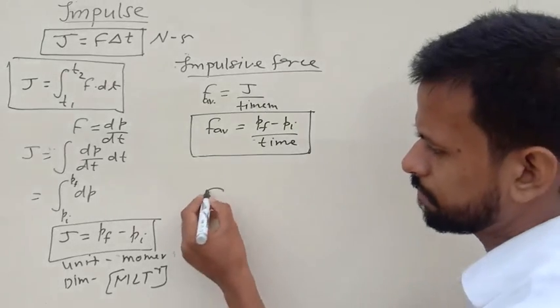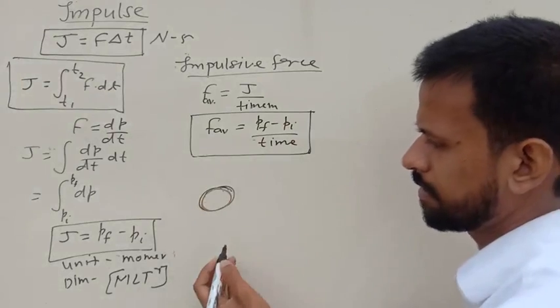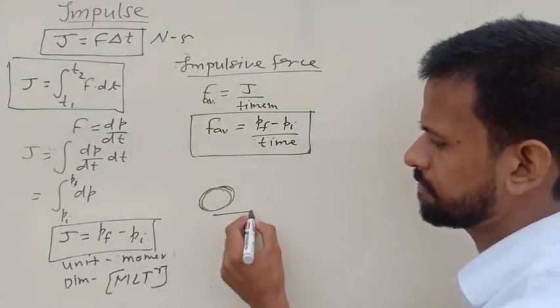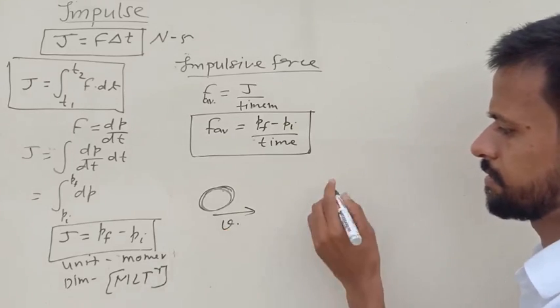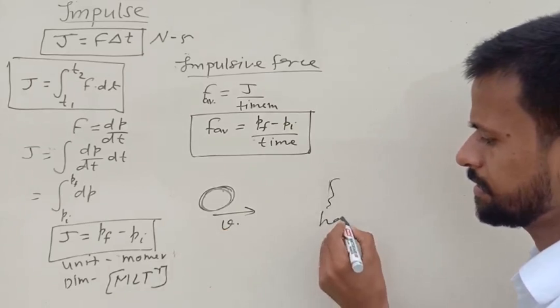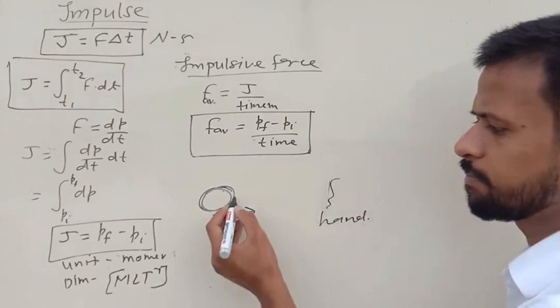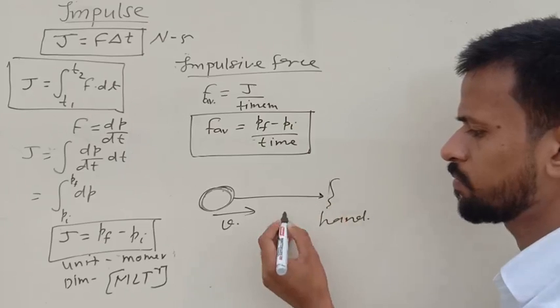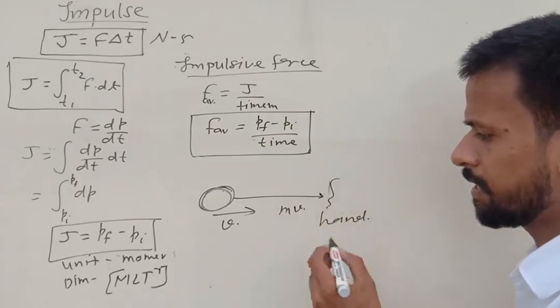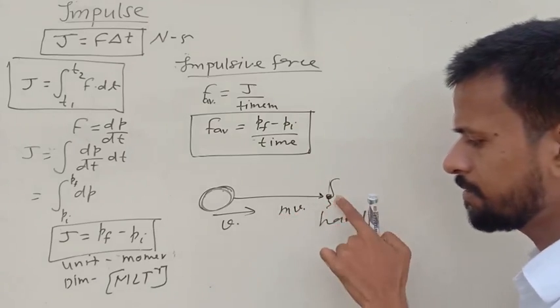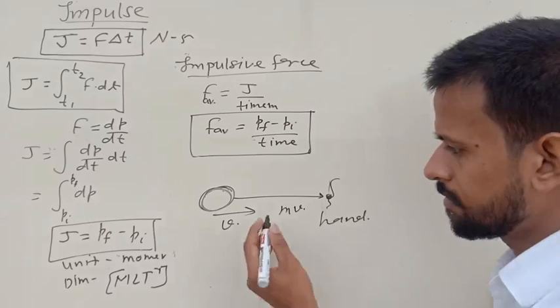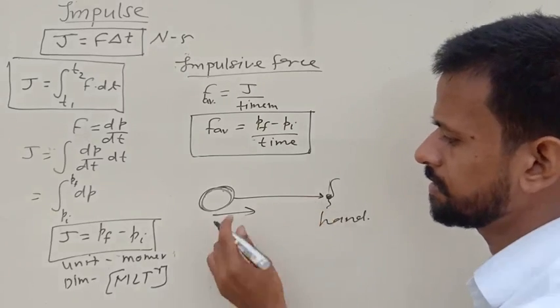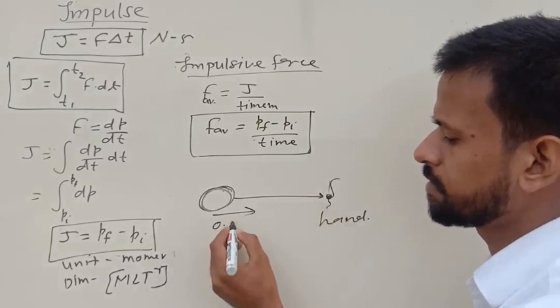So here is a ball, and its velocity is v, and here is the hand of the cricketer. The ball moves here, its momentum is very high, and it collides with the hand, and its momentum becomes 0.